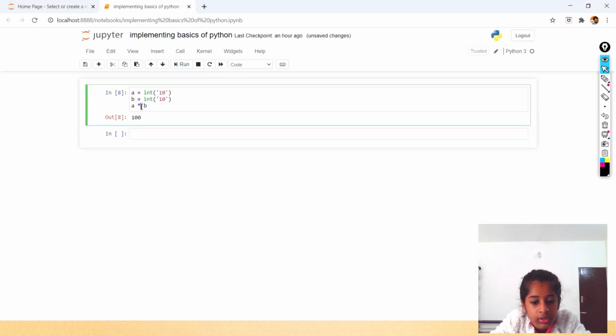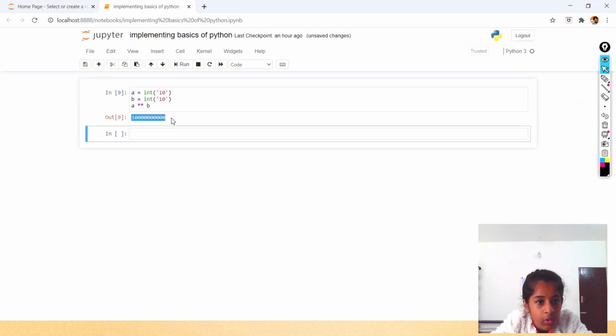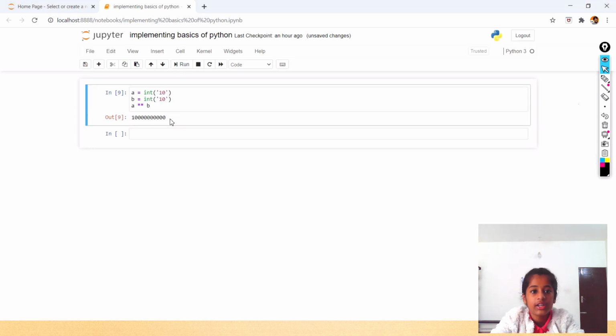And now suppose you want to get the square of it. You can see the square of 10 into 10, you're going to multiply 10 times, so you're going to get this answer. And next you have the modulo. You're going to get 0, because 10 divided by 10, you get the remainder as 0.